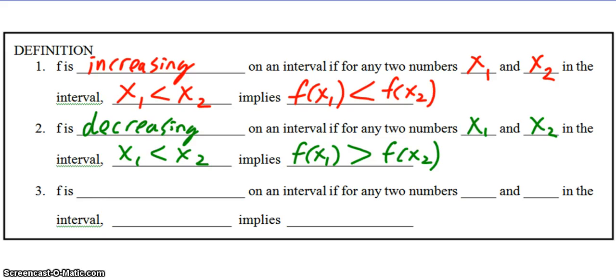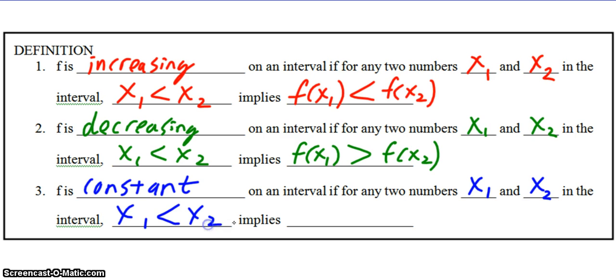And f is constant on an interval if for any two numbers x1 and x2 in the interval, x1 is less than x2 implies that f of x1 equals f of x2. Again, these should not be new definitions to us.